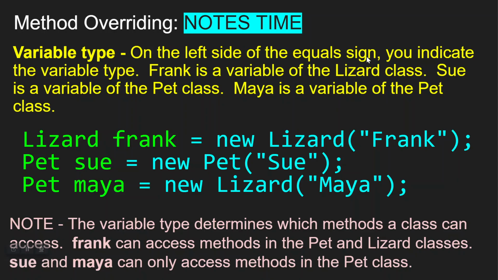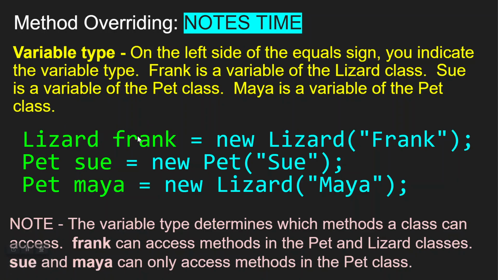Now, what's important to note here is that the variable type, what's over here on the left-hand side, determines which methods a class can access. So what that means is Frank can access the methods that are in Lizard as well as Pet, because we're going to assume that Lizard is a subclass of Pet.